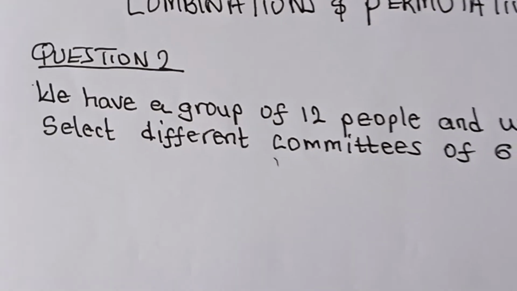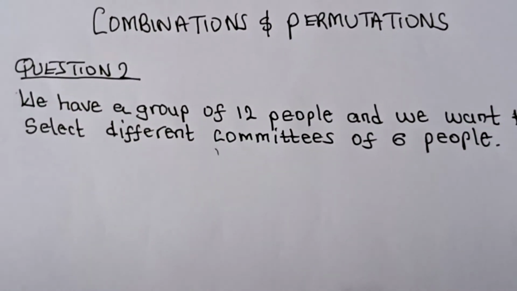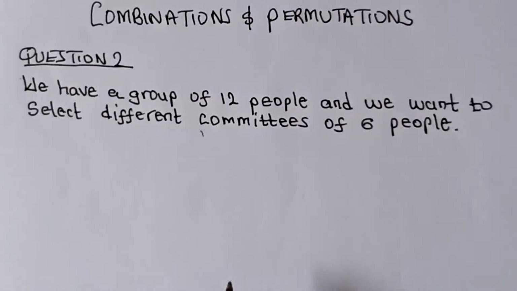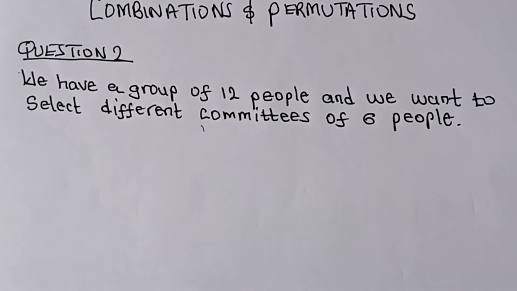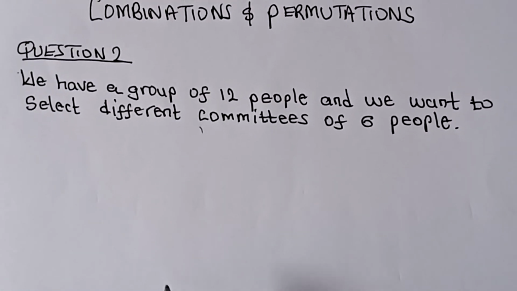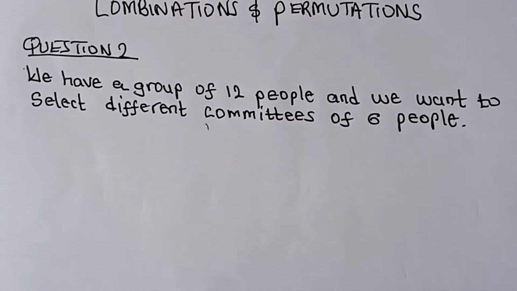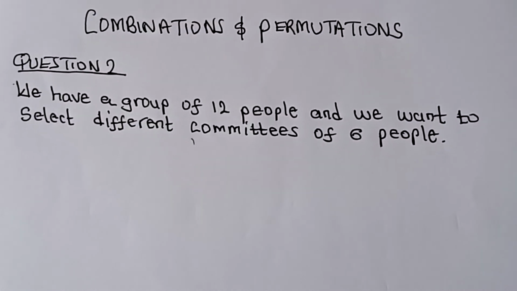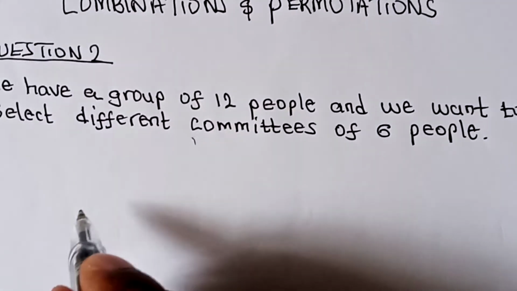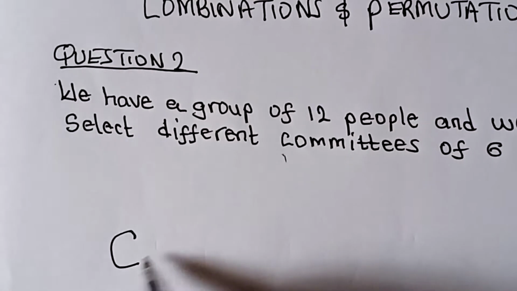Now next, if we have a group of 12 people and we want to select a committee comprising 6 people. In this case, the order of selecting the 6 people from the group is not important. Interest is on the actual persons in the committee. So the number of committees which can be formed will be given by combination.